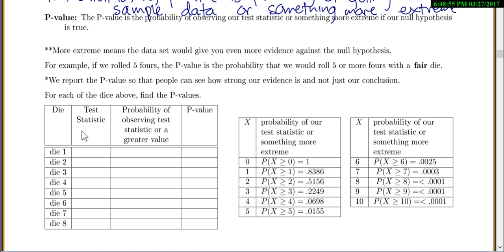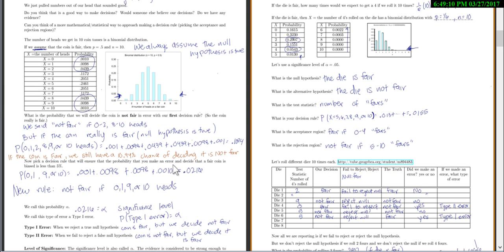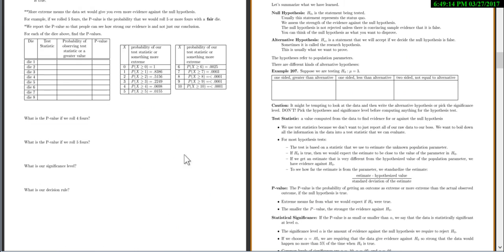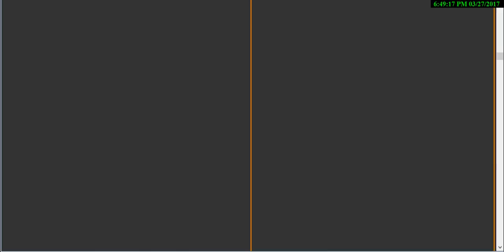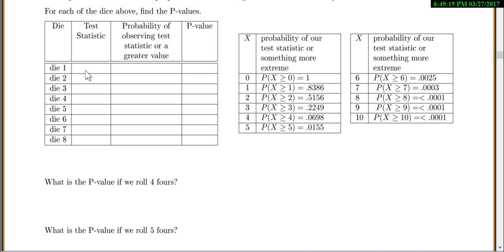Okay, so from our previous page, we'll write down our test statistic for each of the die we wrote down, and then we'll write down the probability of observing that test statistic or an even greater value. Let's see if maybe I can get these two pages side by side so I can write down what they were. So we had a 2, 2, 9, 0, 5, 5.